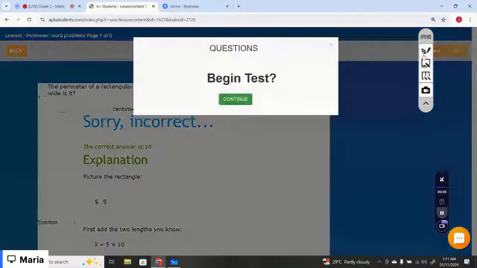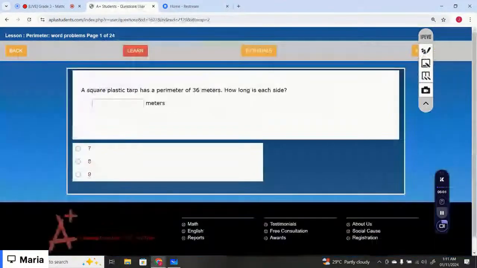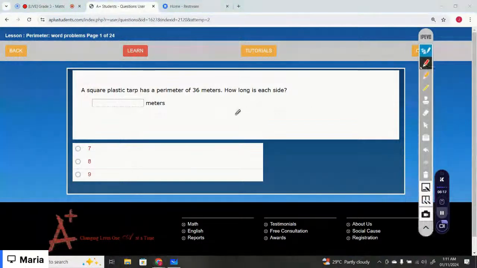Let's start with this. A square plastic tarp has a perimeter of 36 centimeters. How long is each side? You are given the perimeter of a square, right? The perimeter of the square is 36 centimeters. A square has all four sides equal in measurement, isn't it?